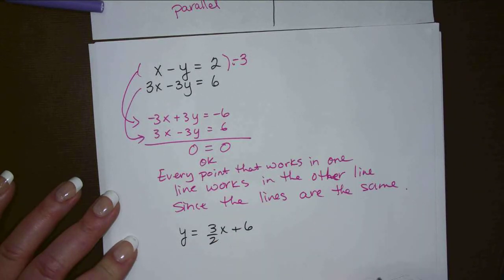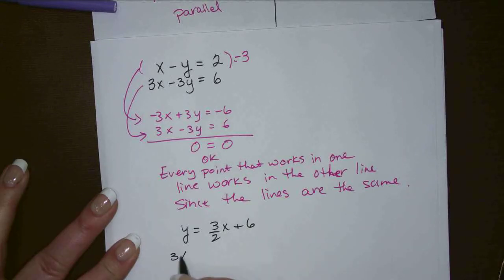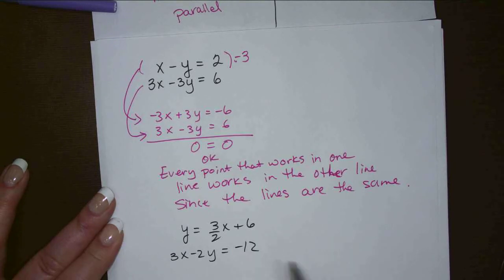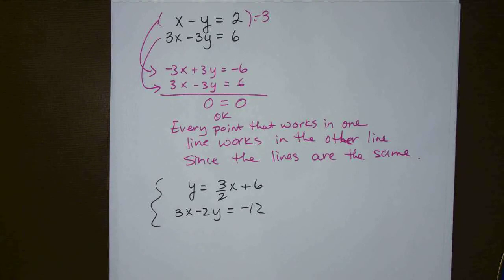And then I said that 3x minus 2y equals negative 12. These are the same two equations, but I rearranged them. So you don't maybe notice that they're the same two equations just by looking at it.